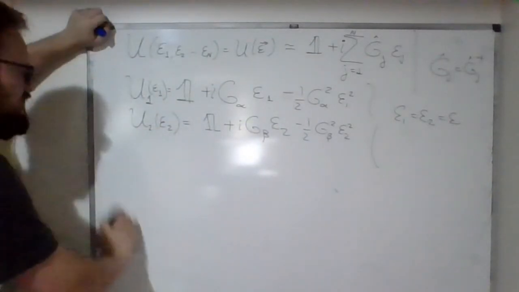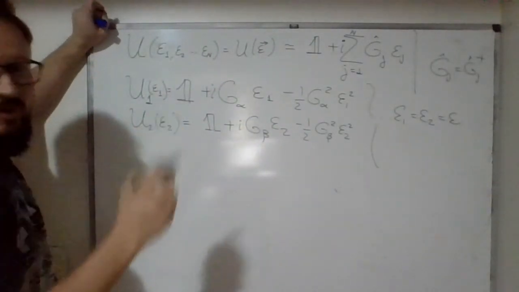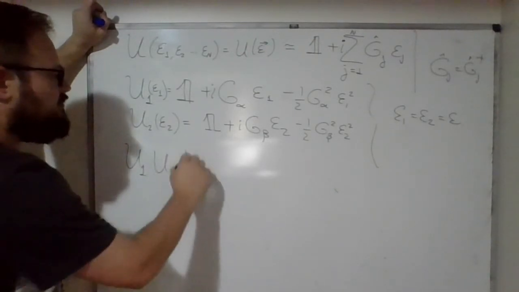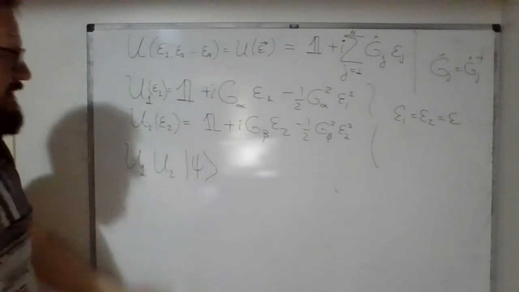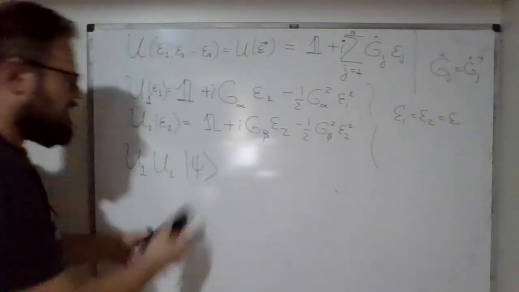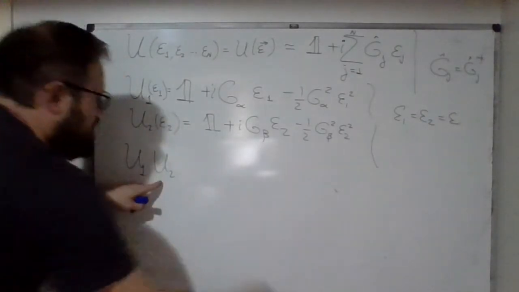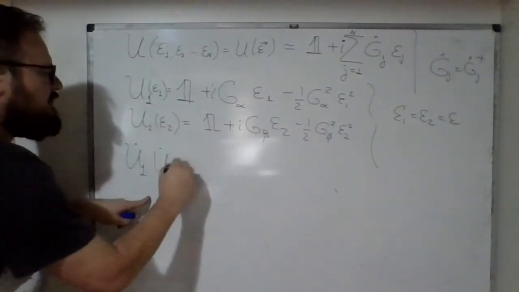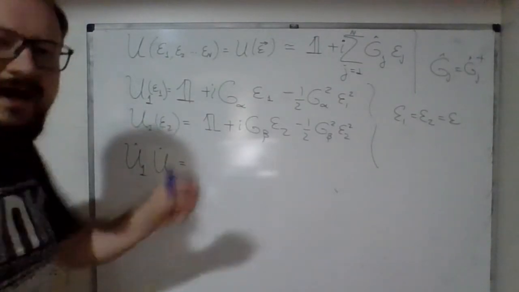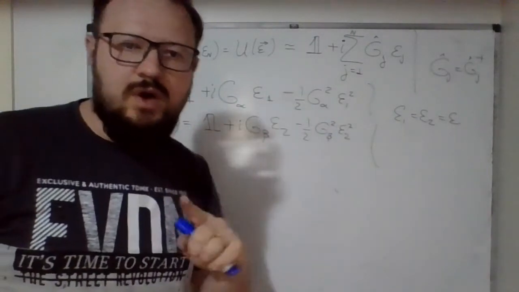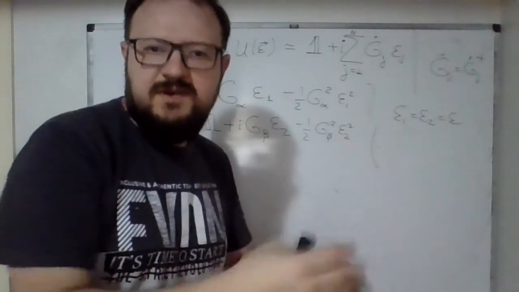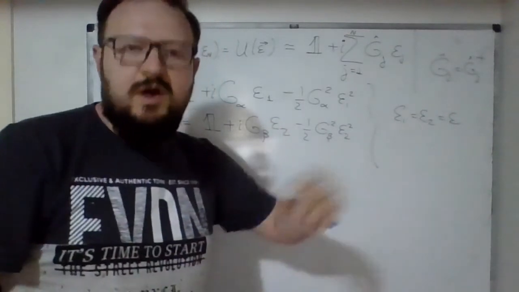So if you make a transformation, remember you apply the matrices of transformation to an object here, and this is a vector in Hilbert space. But I will just consider this order of operations. So in this order, the transformation 2 acts first, and the transformation 1 acts after the first transformation was performed.